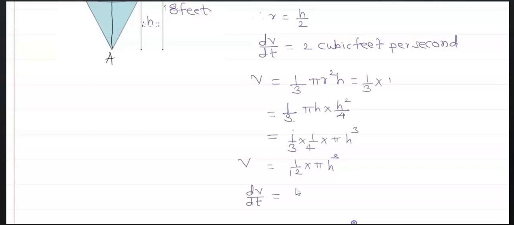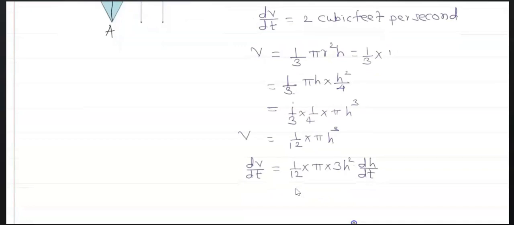Now differentiate this with respect to t. dV upon dt is equal to 1 upon 12 pi, 3h square, dh upon dt. Now here we will substitute the value of dV upon dt. That is 1 by 4 pi h square into dh upon dt.